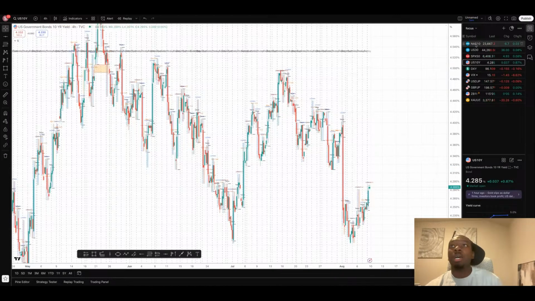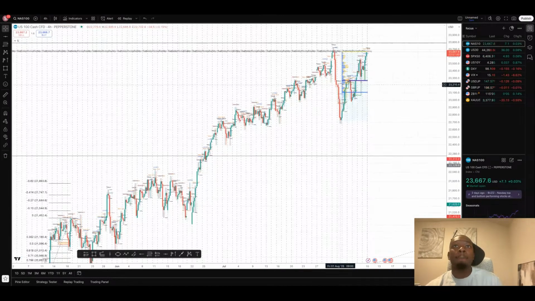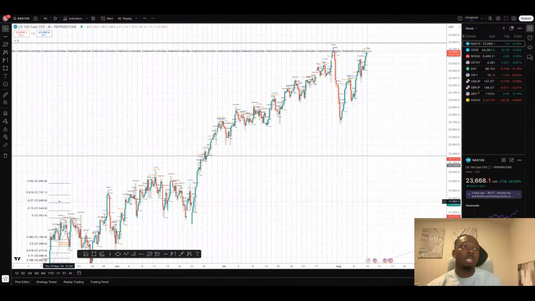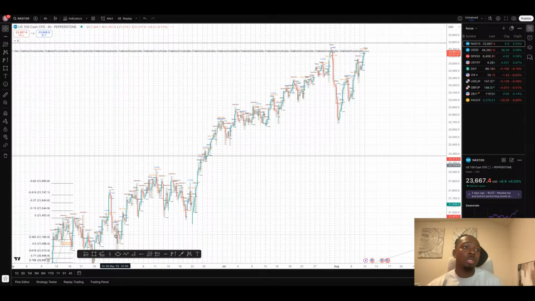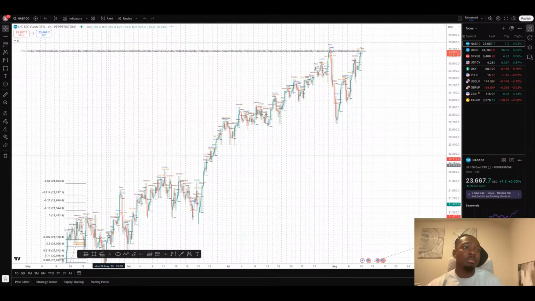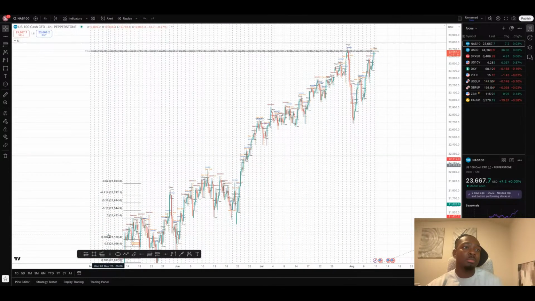Cool. We're about out of here for today. I need to do my levels for Nas as well. It's crazy because I have to mark this up. I don't even know when this was. This was in May. Imagine if I would have held these trades in May. Because I definitely passed accounts, made money.